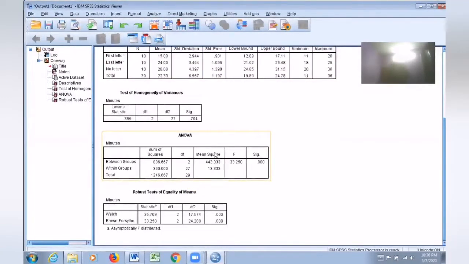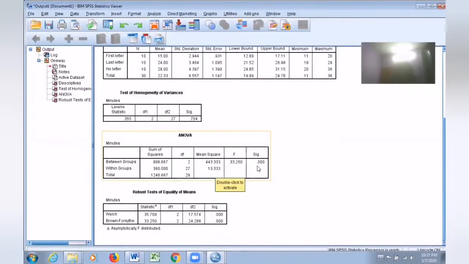The variance explained by our between-group difference is much higher, and the extent to which we cannot explain is only 13, a very small percentage. If you look at the sig value, it says that it is less than 0.05.